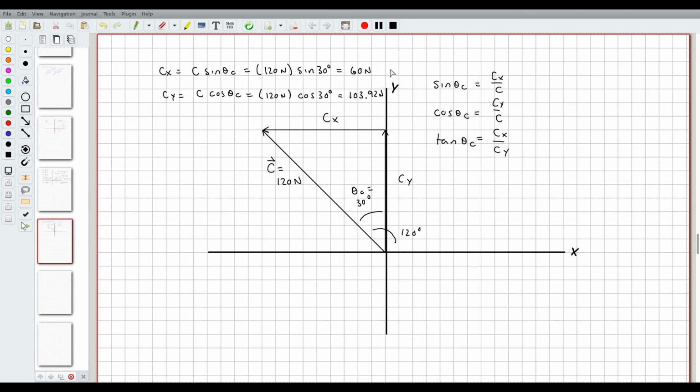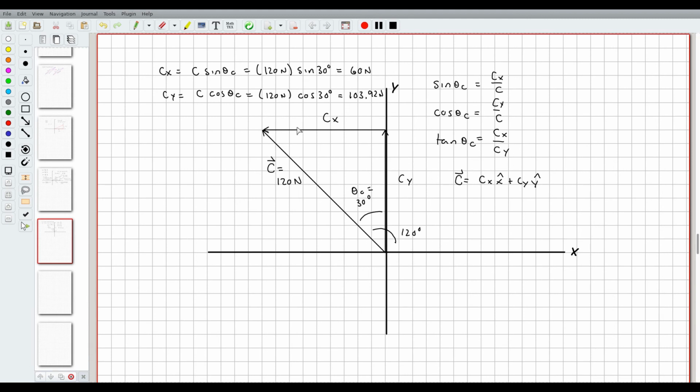Okay. So what I'd like to point out here is that we can't forget that vectors have magnitudes and directions. So if I wrote out my vector as just Cx x hat plus Cy y hat, and just plug these numbers in here, what I would have would be a vector that had a positive y part and a positive x part, which means that it would be pointing somewhere over here in this quadrant right here.